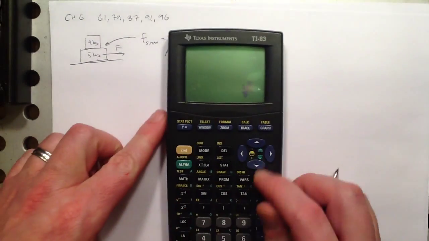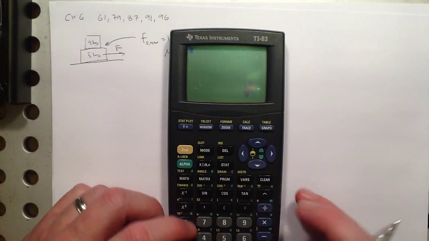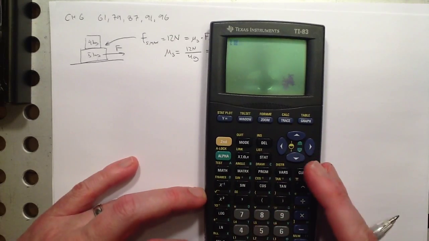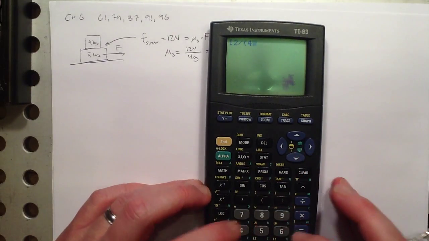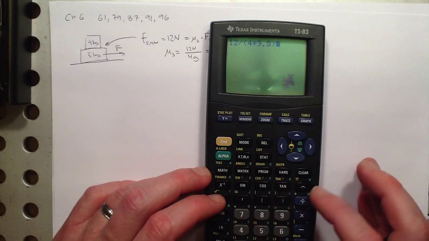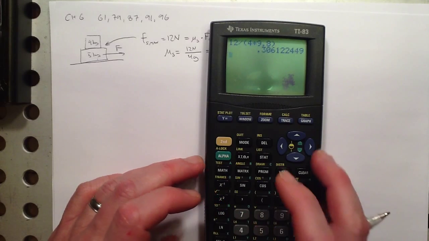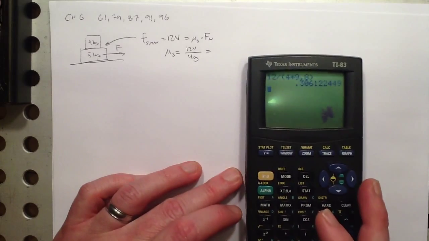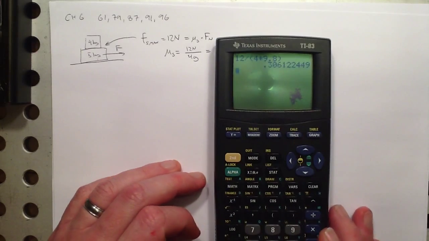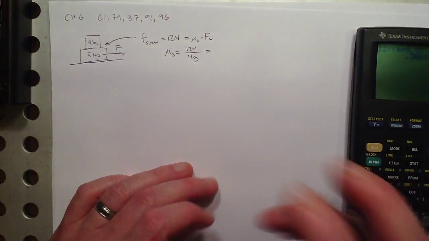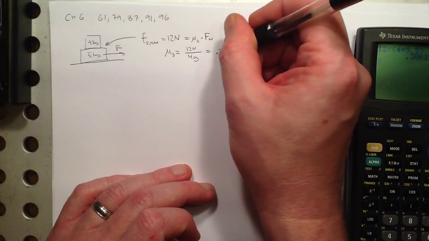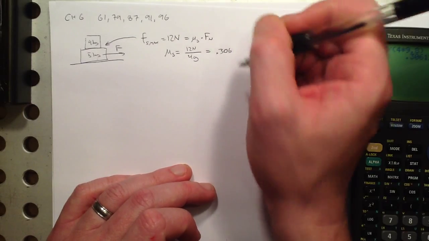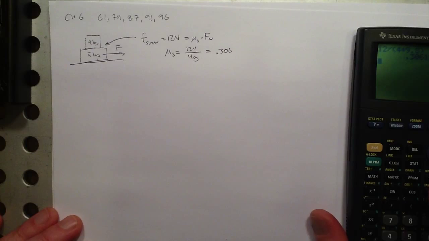So that's 12 newtons divided by 4 times 9.8. It's about 0.3. I'm going to say 0.306. I feel kind of funny about rounding that to 0.31, so I'm going to keep that third decimal place there for now. Okay.